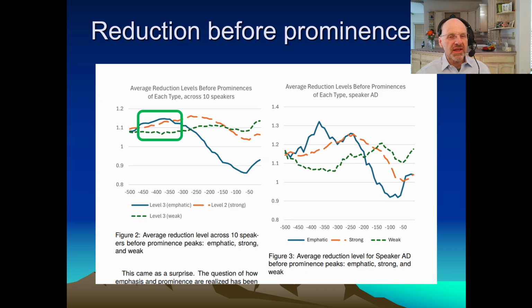That makes sense if you want to mark something as prominent. Maybe you reduce the things in the vicinity to make it stand out more. But I don't think this has been discovered before, and we found it very easily just by statistical analysis. Incidentally, on the right, you see the pattern for a single speaker. The patterns are much clearer for some speakers. Other speakers don't have this pattern at all. Very speaker dependent.